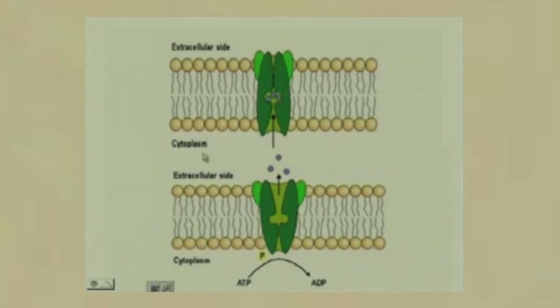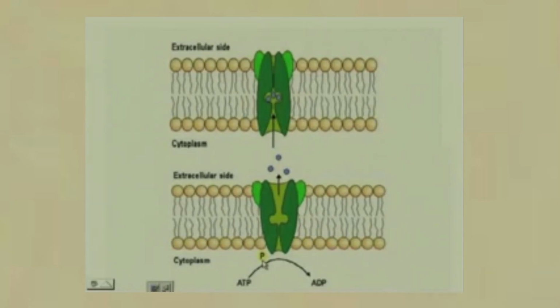The 3 sodium ions have come from the inside of the cell. They are bound here and they have to be pushed outside. Once the sodium ions are bound, there is a conformational change that occurs, and we have ATP go to ADP, releasing a phosphate.